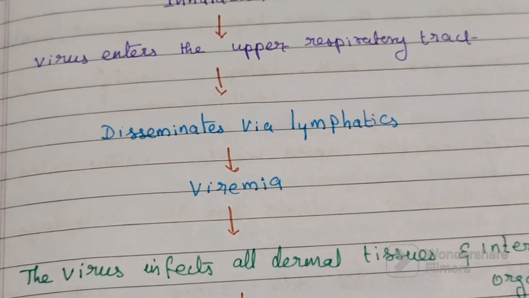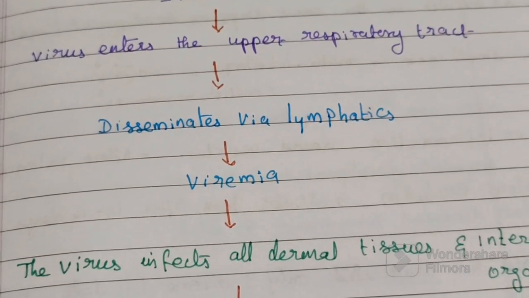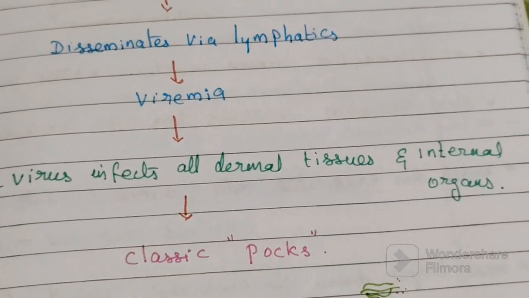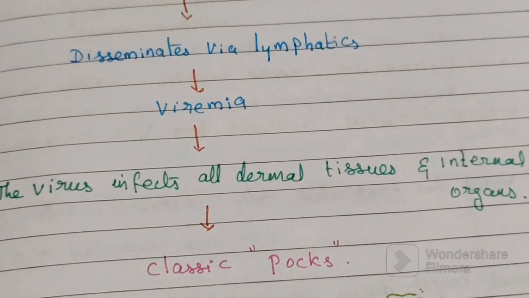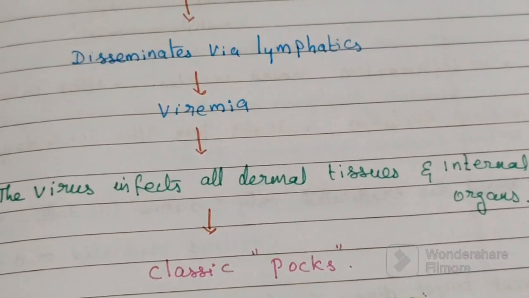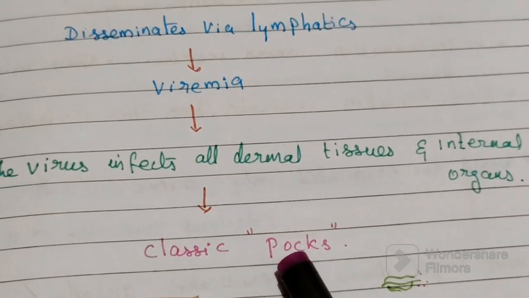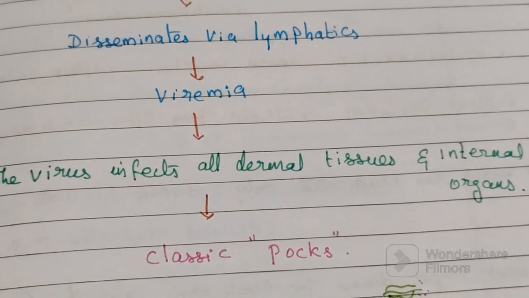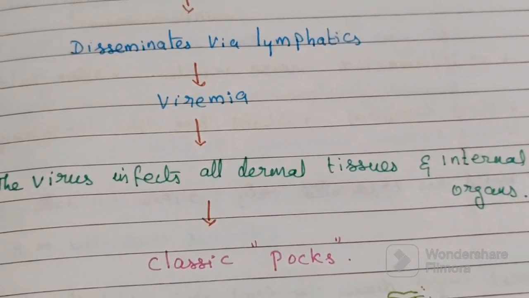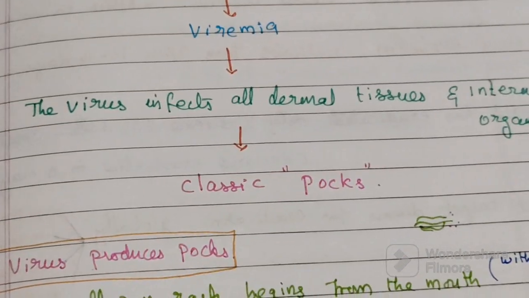It goes into the skin and forms small vacuoles. The fluid filled vesicles are known as Pox.